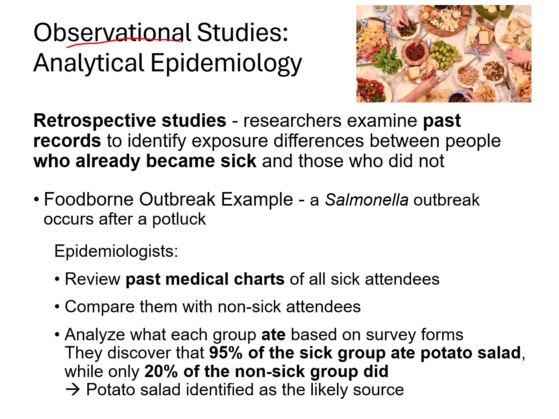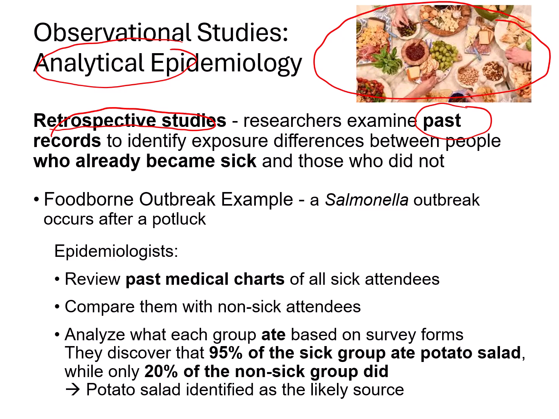And within those analytical studies, we have the subcategory retrospective studies. These are a type of analytical study within the observational study type where researchers examine past records to identify exposure differences between people who already became sick and people who did not get sick. So the book provides an example where people get sick after a potluck, and it shows a retrospective foodborne outbreak investigation.